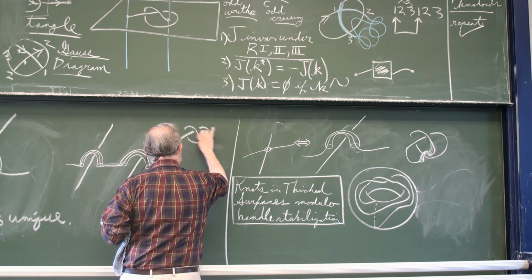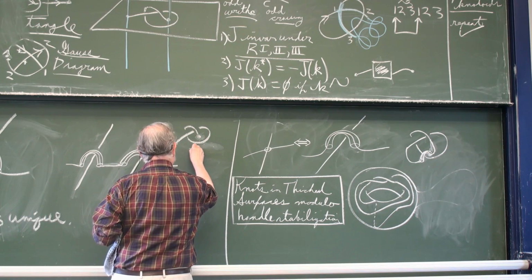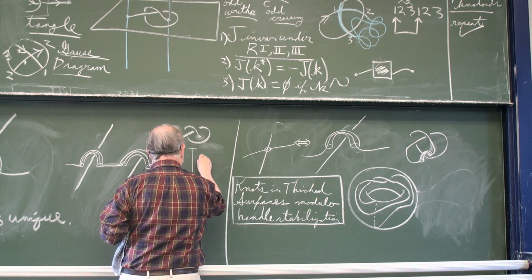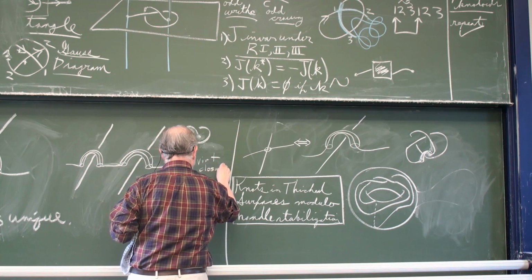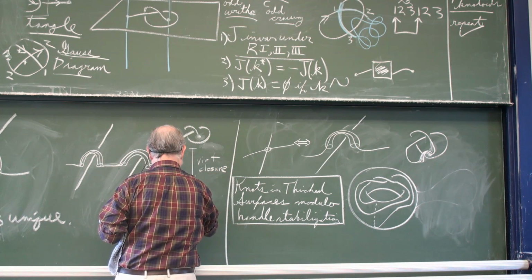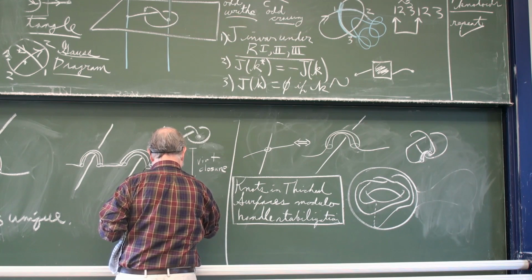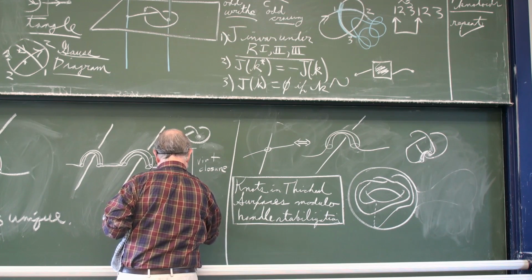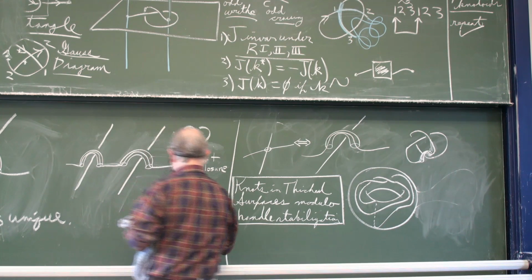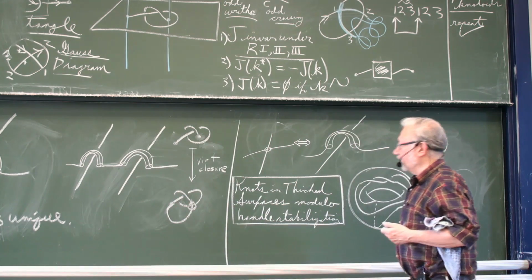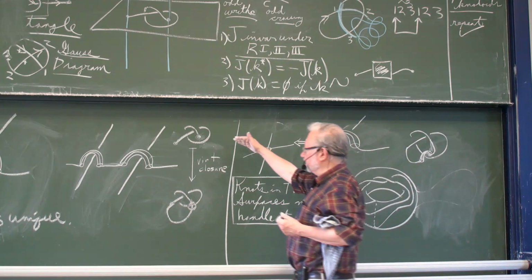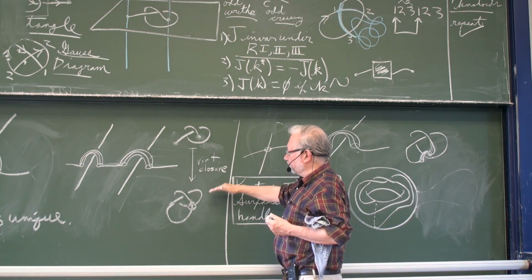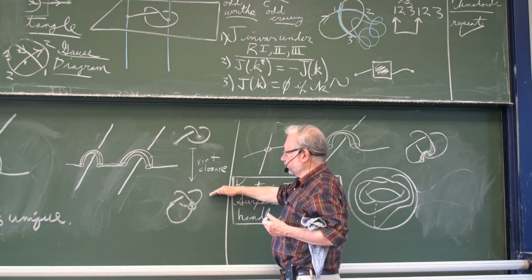If I have a knotoid, then I can take its virtual closure by just connecting the two endpoints any way I like and making the crossings virtual. And I will get a virtual knot.